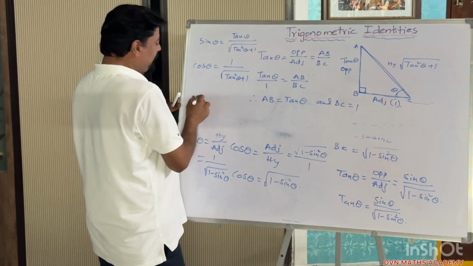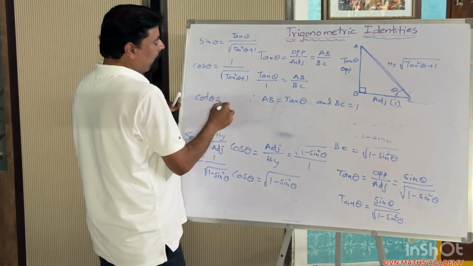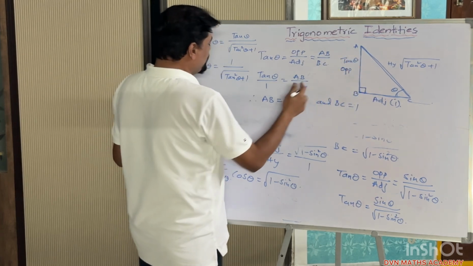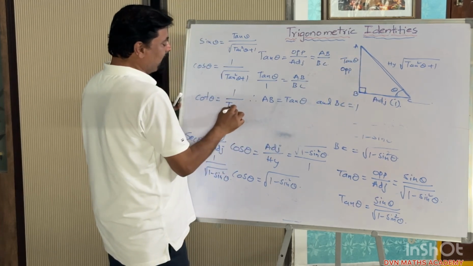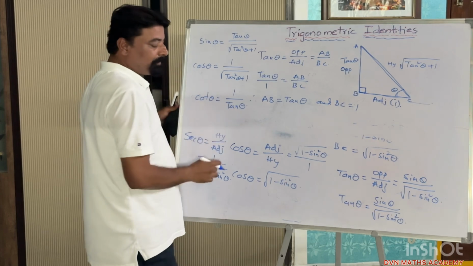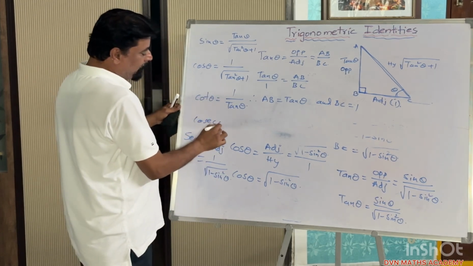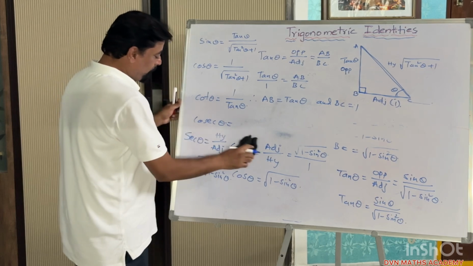Tan theta is tan theta. Cot theta is adjacent by opposite, that is 1 by tan theta, the reciprocal of tan.